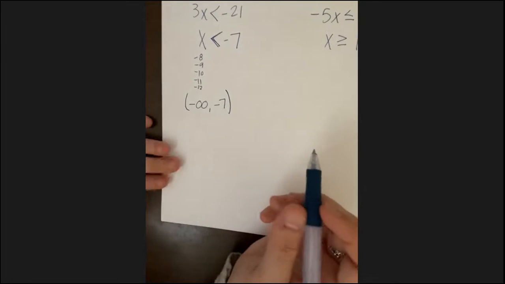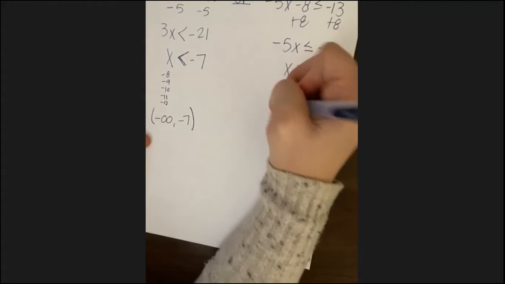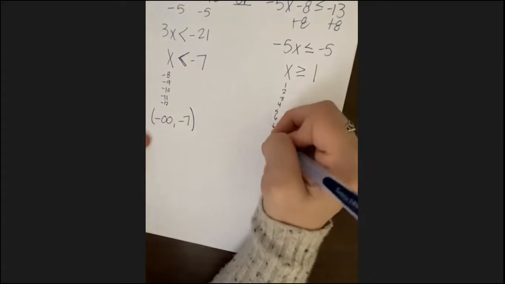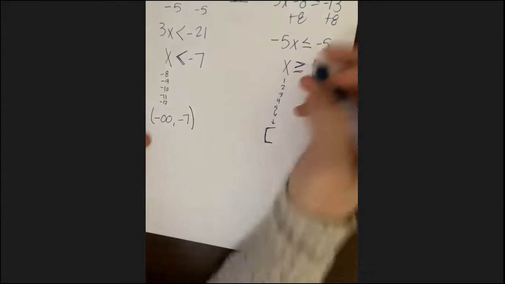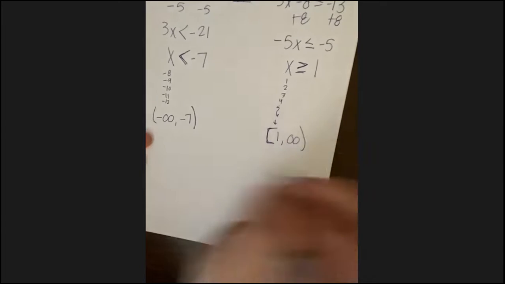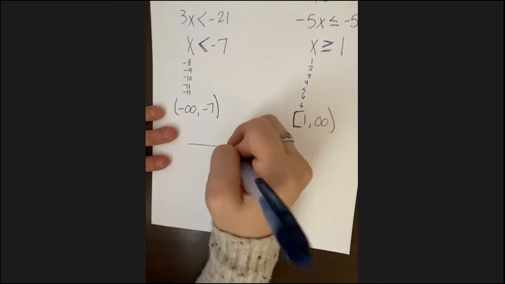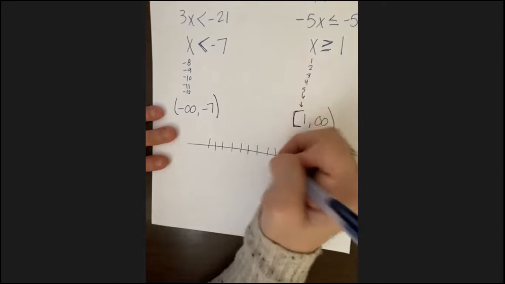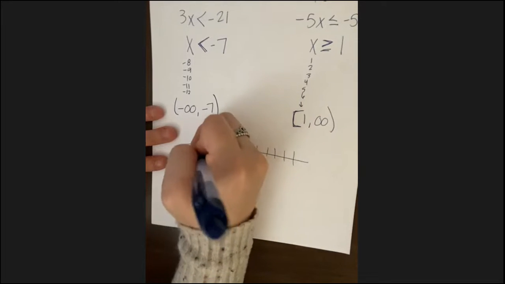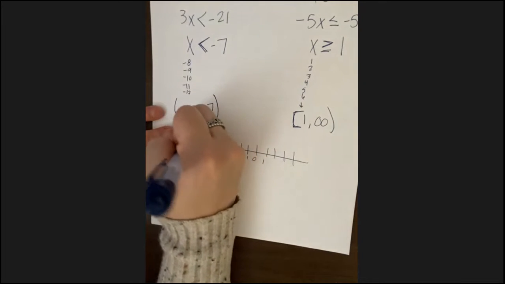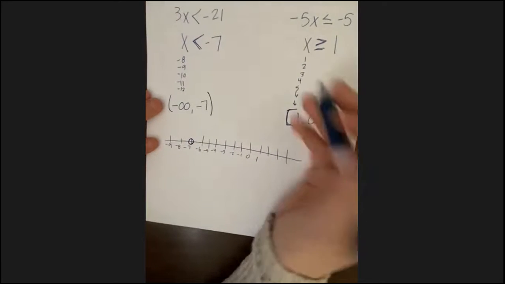Y'all see that? And so like this one, greater or equal to 1, 2, 3, 4, 5. And you see where it's going. So bracket, because it's greater than or equal to 1 into infinity. And then the number line, one, open dot on 7, close dot on 1.